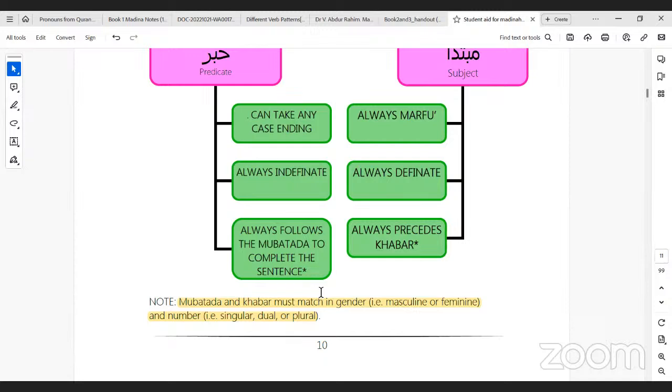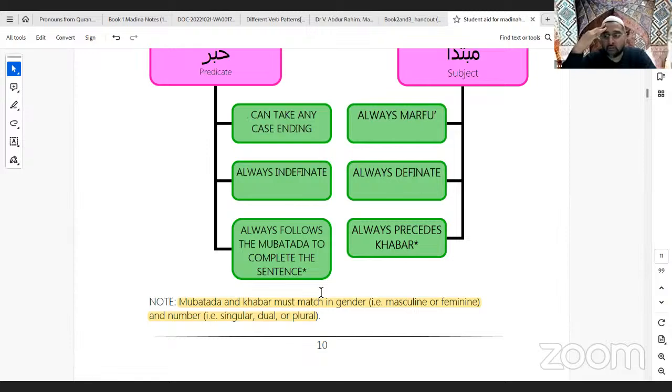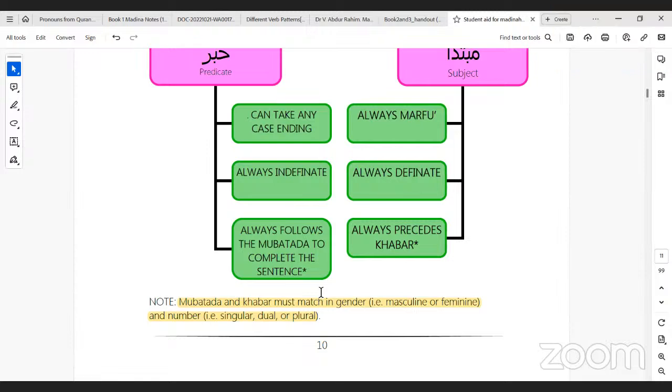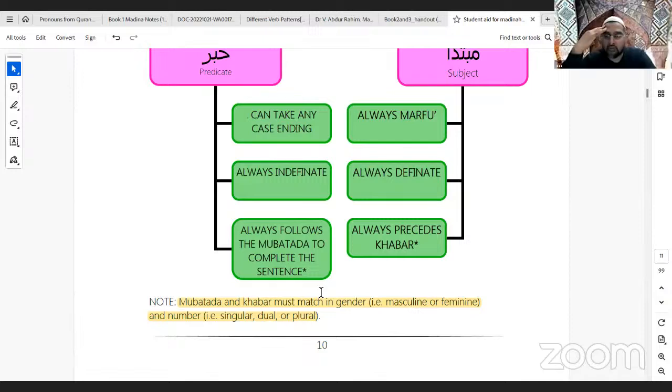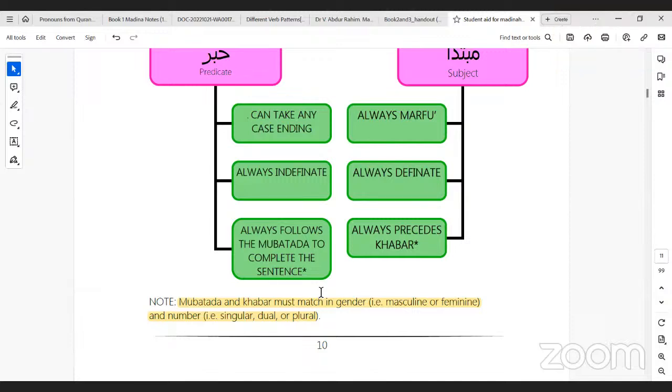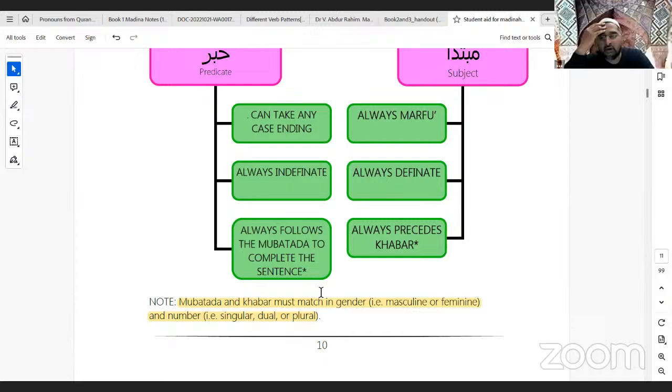Fatimatu alimatun. If you want to say the female ladies are knowledgeable, how do you say the female ladies in Arabic? We did this in the last lesson, Arabic of the Quran. I spoke about the sound feminine plurals.